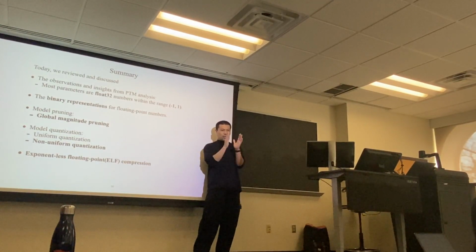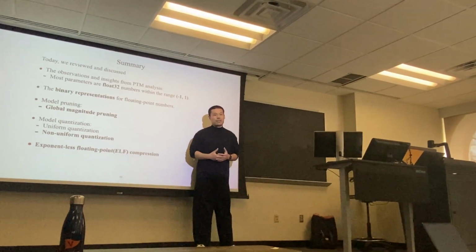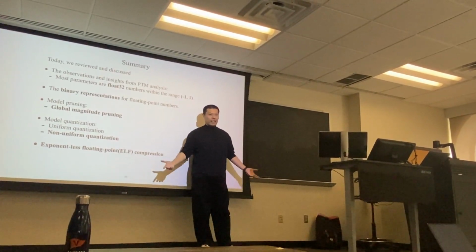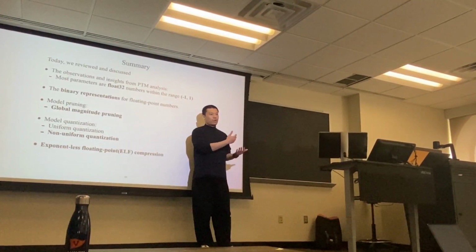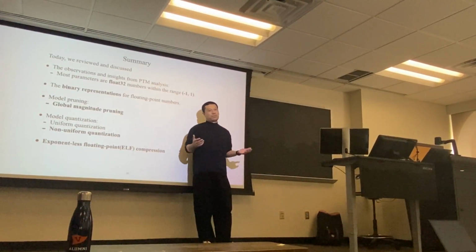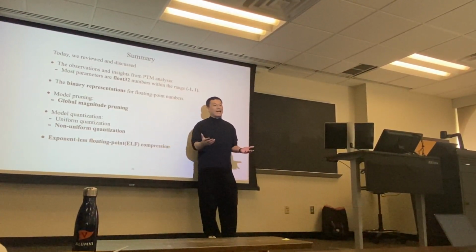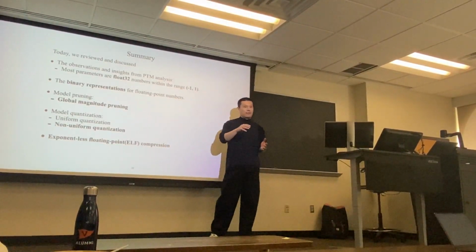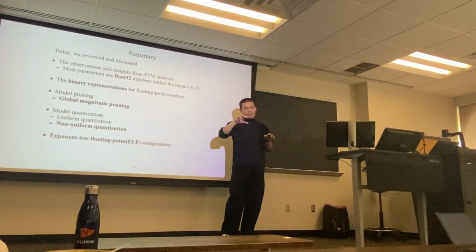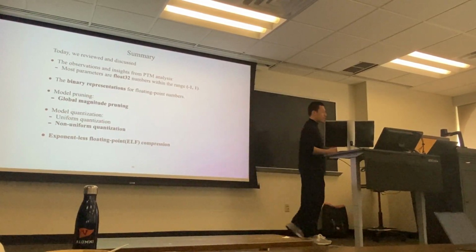If it is made much smaller, that means significant accuracy degradation, but we do not have data. We cannot train it or fine-tune it to improve the accuracy. So in storage or model transfer, that's the relationship between accuracy and model compression. It's a good question.